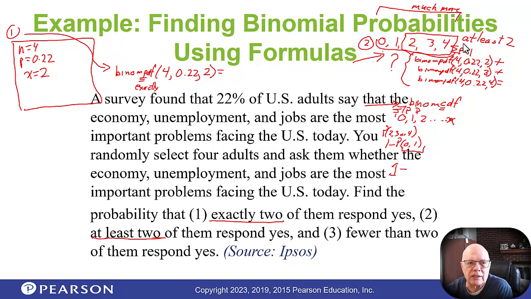What don't we want up here? We don't want the 0 and the 1. So we're going to subtract that. So we're going to get binomial CDF. And we're using 4 different adults. The probability on each one is 0.22. And what we want the calculator to do is keep adding the probabilities until it gets to the 1.